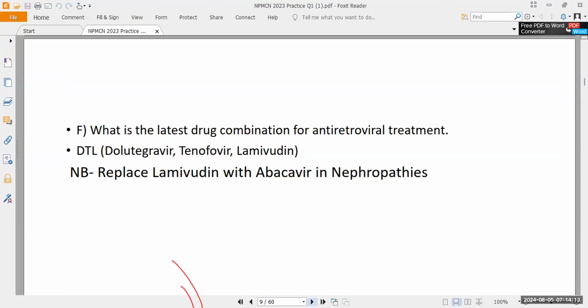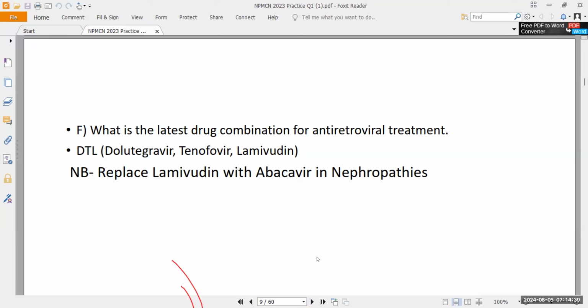However, if it's talking about antiretroviral treatment, then the drug of choice will be DTL, which is dolutegravir, tenofovir, and lamivudine. But in patients with nephropathy, I would like to replace lamivudine with abacavir because of the nephrotoxic effects of lamivudine.